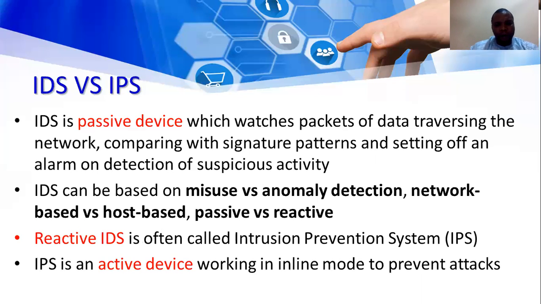And when we talk about the misuse IDS, we're talking about an IDS that makes use of existing signatures of attack. In this case we have signatures of attacks that we already know, and we want to learn these signatures of attack.